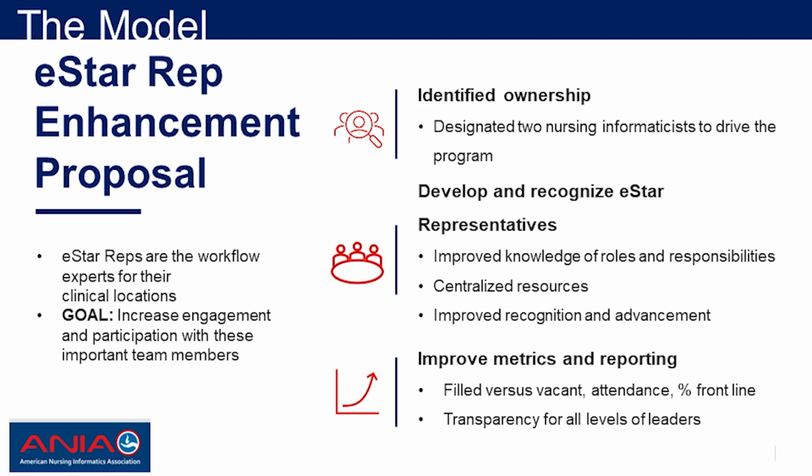A lot of leaders try to fill that gap, but they're not in the system every day. We wanted frontline staff. So we had transparency into who those E-Star reps were, and at those monthly meetings with our A&Os and managers, we could share that information.